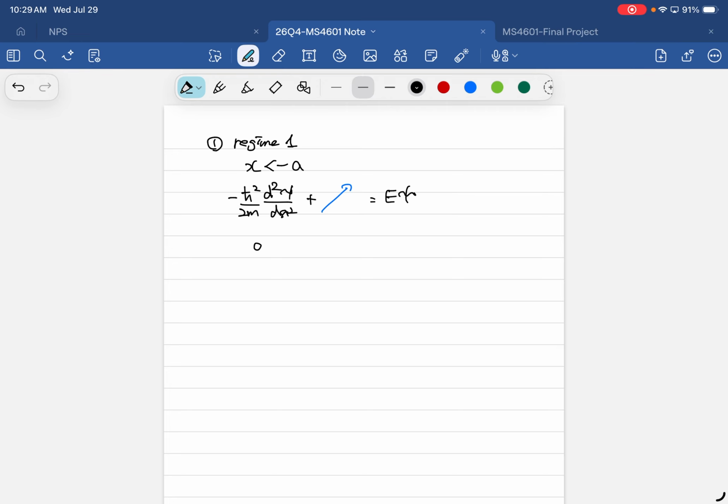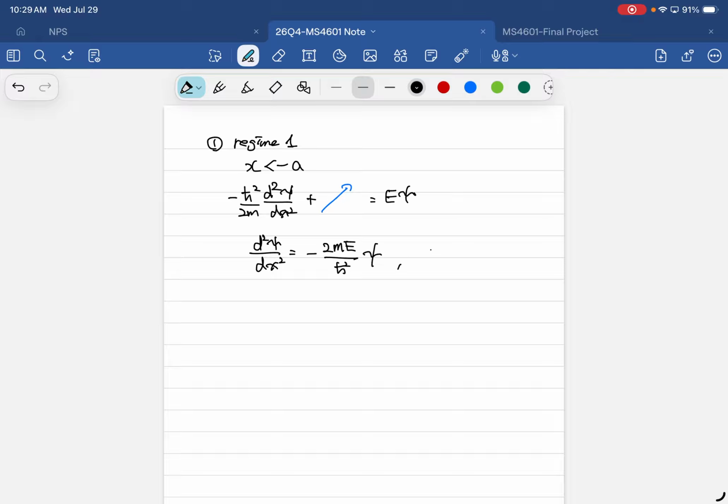And then if we look into that, d square psi dx square equals minus 2mE over h bar square psi.